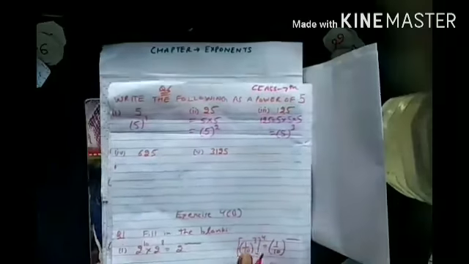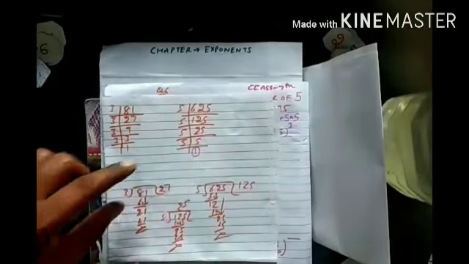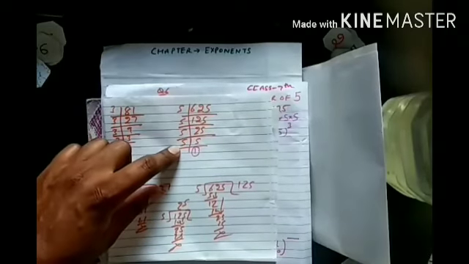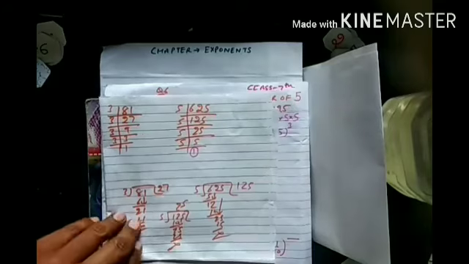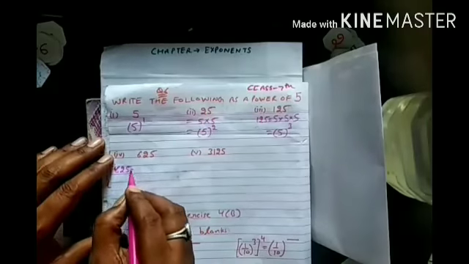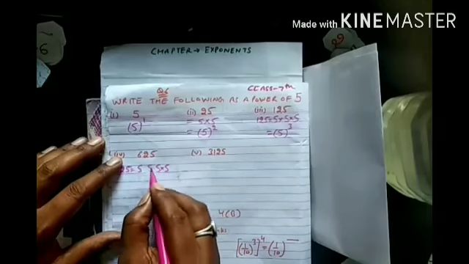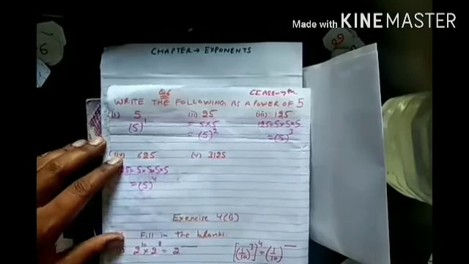Clear? Similarly 625. We have done the rough work earlier. When we divide 625 by 5, we see that it is a formation of 4 times 5 multiplied. Therefore 625 can be written as 5 5 5 5. So its final answer will be this.